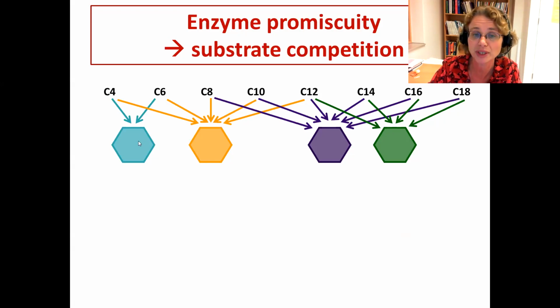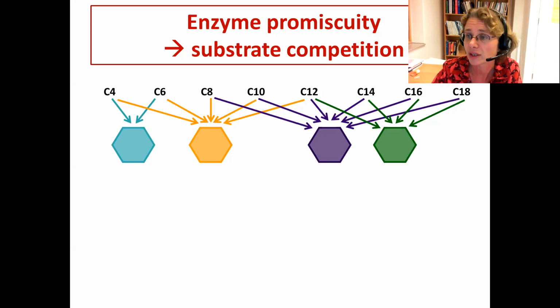At most, we have 4 enzymes doing the same reaction with a certain specificity for longer chains or for shorter chains. So in all cases, the metabolites are competing for the enzyme. You imagine they need a spot on the enzyme, and if their competitor is sitting there, they cannot be converted. So they have to share that capacity.